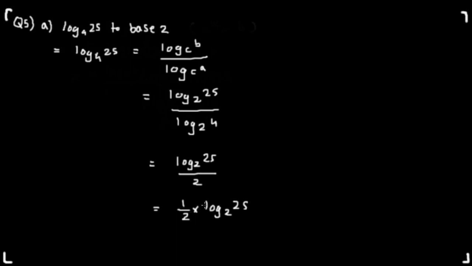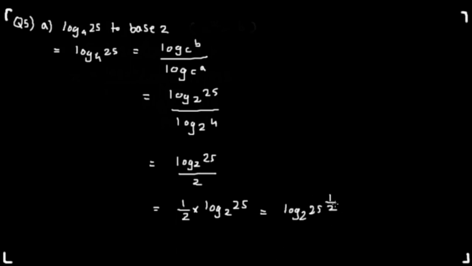If we use the algebraic rule that x log a b is equal to log a b to the power x, we basically just have to move this here. So this turns into log base 2 of 25 to the 1/2 power.